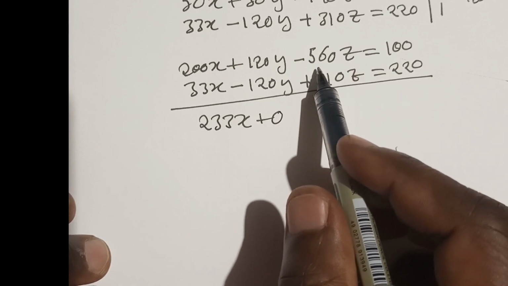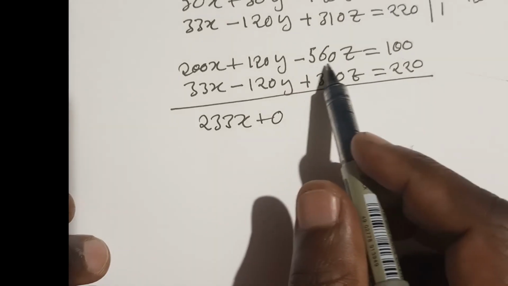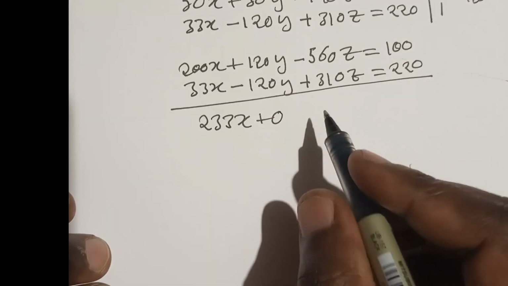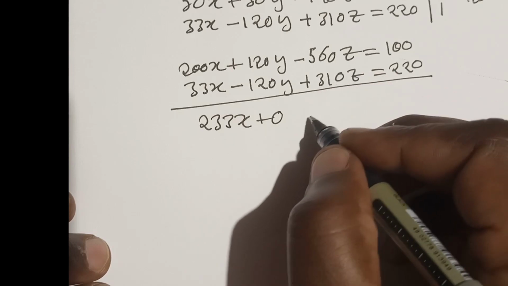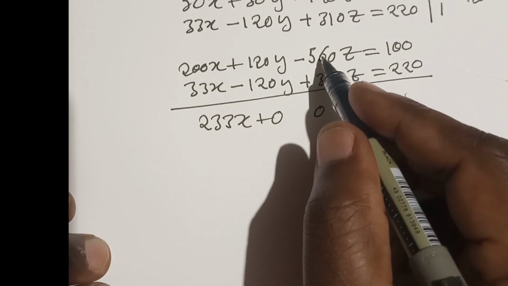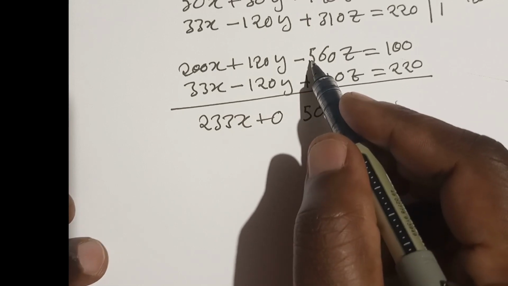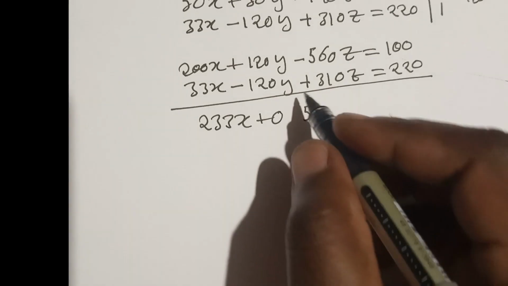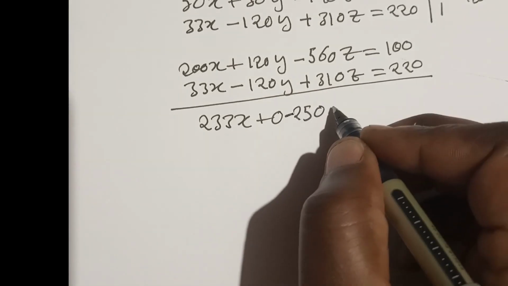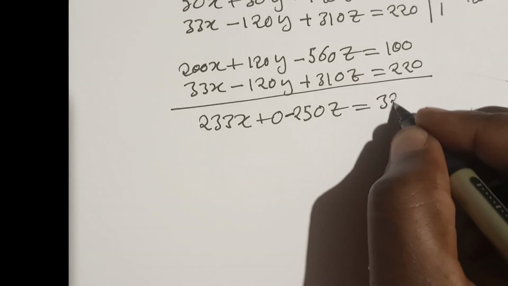Then negative 560z plus 310z, you're going to get negative 250z, is equal to 100 plus 220, you get 320.